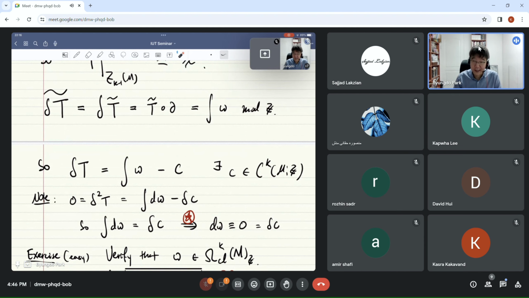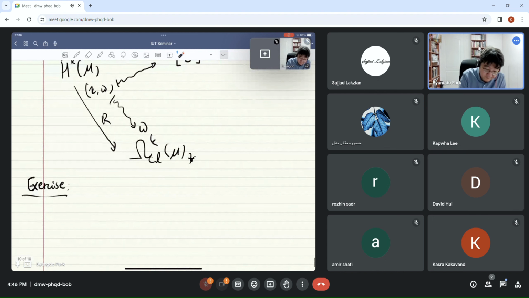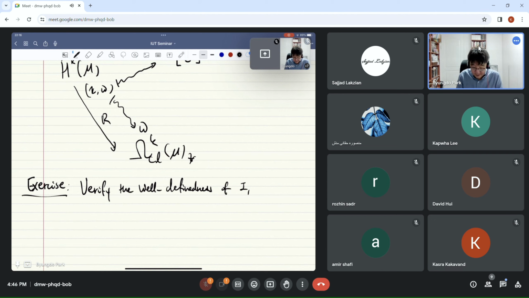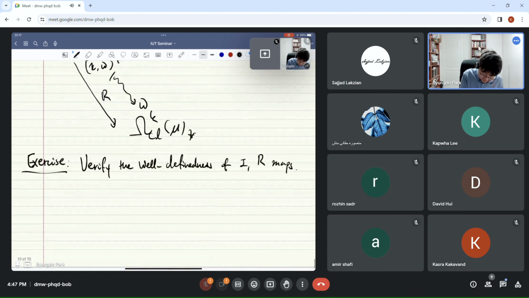So I should verify the well-definedness of I. The R map is not necessarily, but this: independence of choice of lifts.